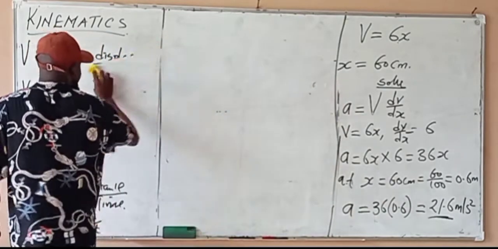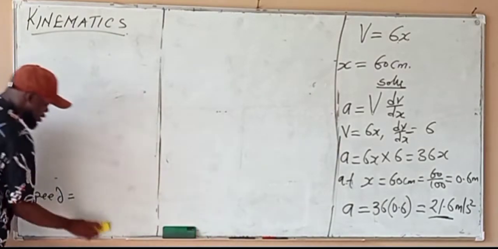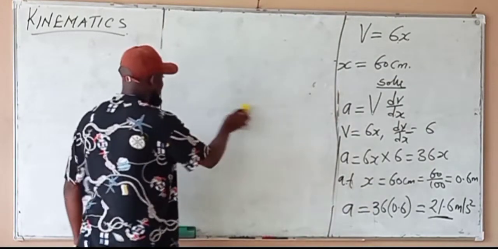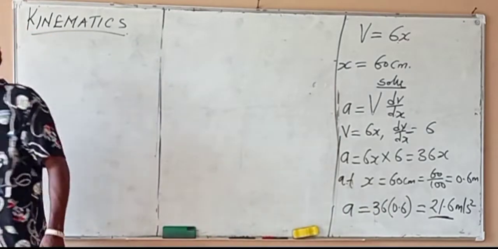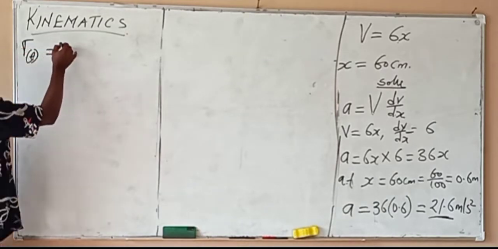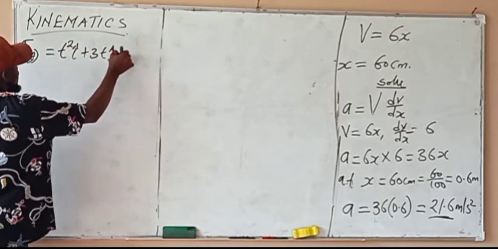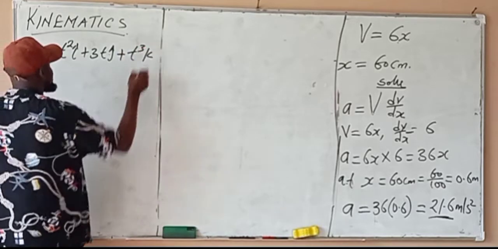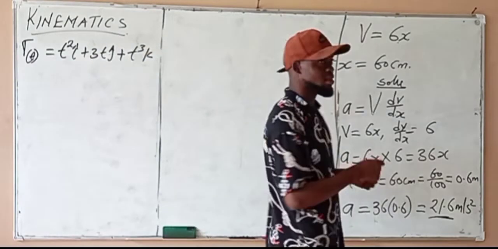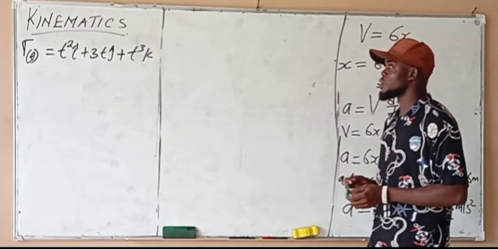Take down this question. A position vector is given in space as r with arrow, r(t) equal to t squared i plus 3t j plus t cubed k.